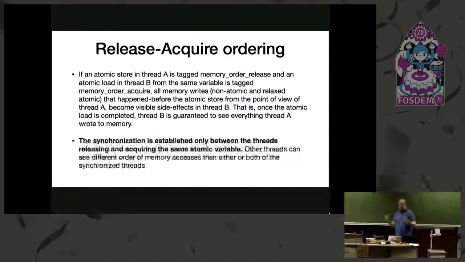If you don't use that, there's no synchronization between the threads. So the missing destroy function made one of the threads not synchronize with the other during the decrement, and then there was a data race because of the missing acquire load.